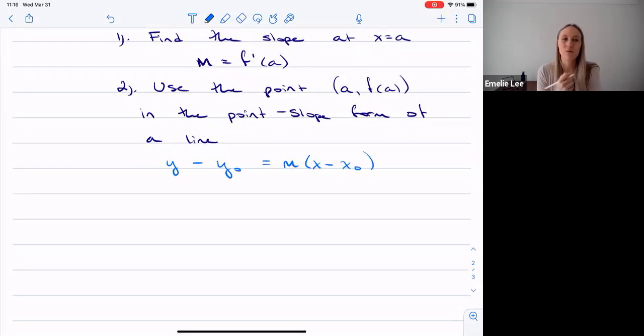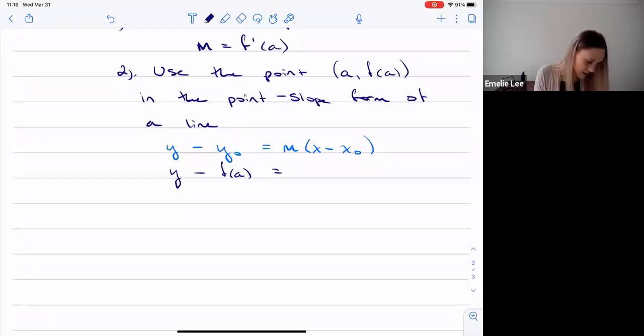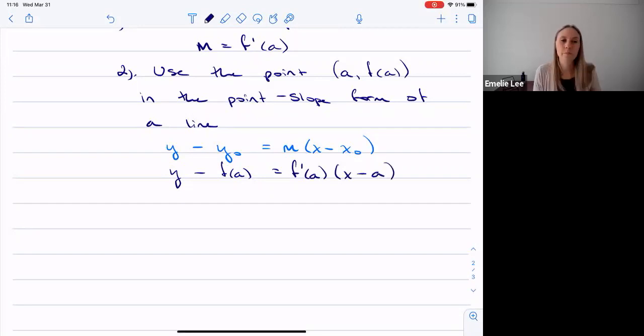Or potentially at this point, you've just got it memorized. So the point that you know is x naught, y naught, so you can fill those in, but then we also have the slope. So here, this becomes y minus f of A is the slope, which is actually the derivative at A, times x minus A.